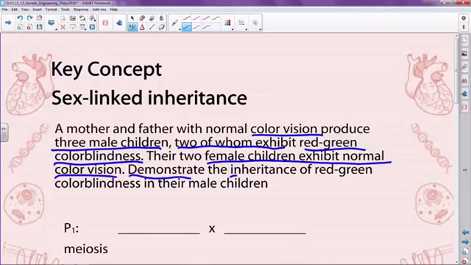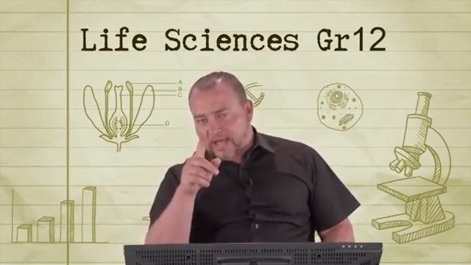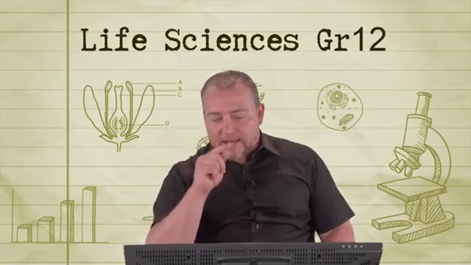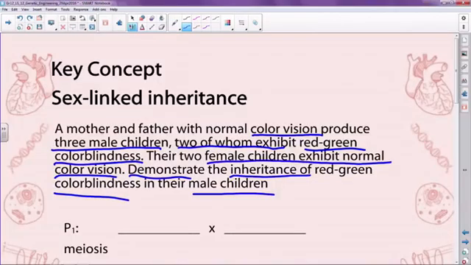Demonstrate the inheritance of red-green color blindness in the male children. So, what they want you to tell me at the end of this is, how come the males are colorblind and the females are not? Okay, and it's very, very simple. You need to see this carefully. Look here, a mother and father with normal vision. There's the key thing over there, normal color vision.